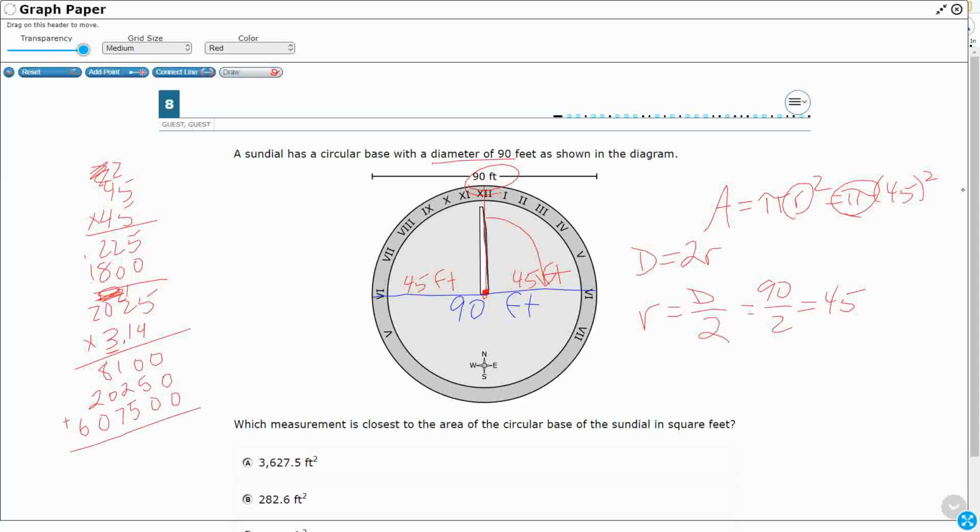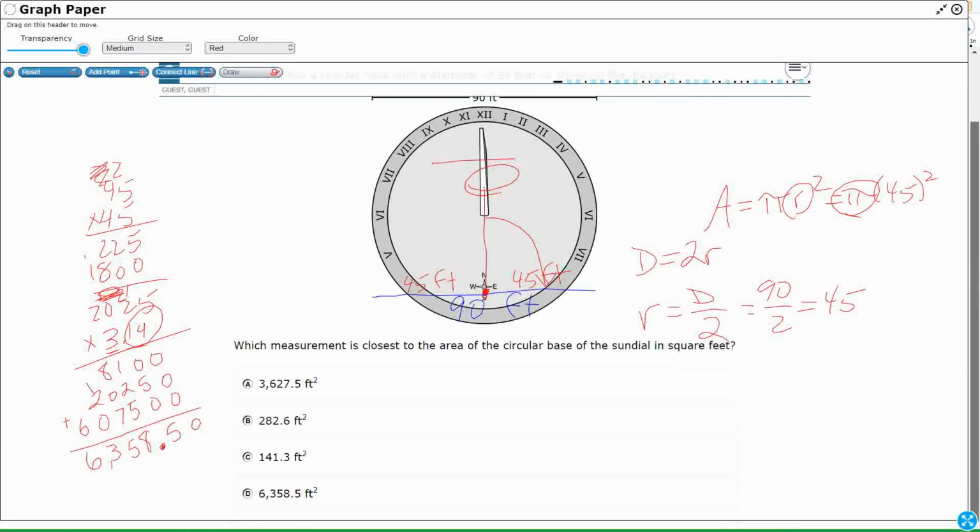If we can keep everything straight and add everything up, that's going to be 15, that's 3, that's 6. Now we've got 2 digits behind the decimal in one of our factors, so we need 2 digits behind the decimal right there. So we're looking at about 6,358.5. And I don't see it up there, so let's scroll this down. Up there we go. Our answer here is D.